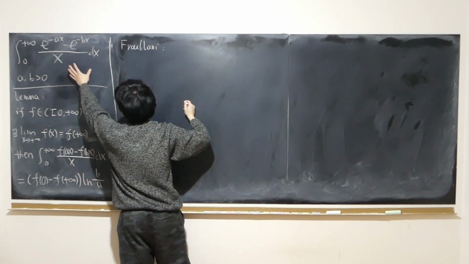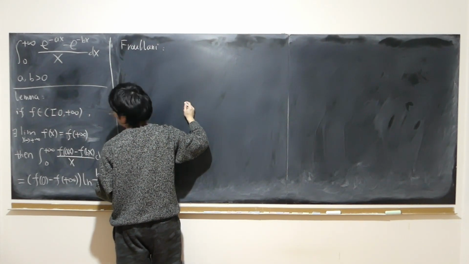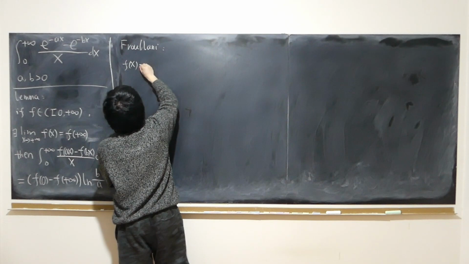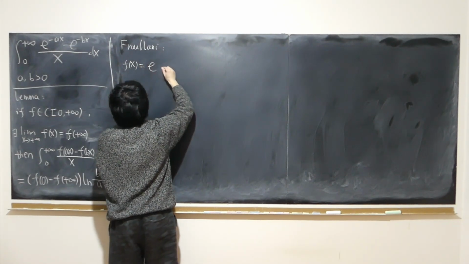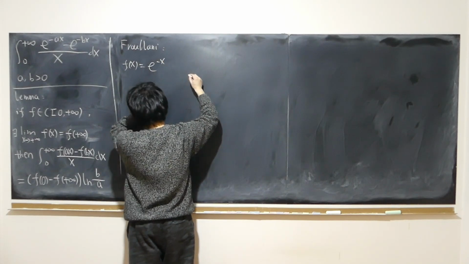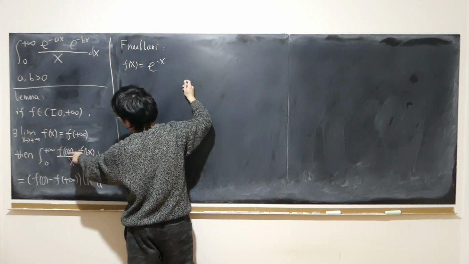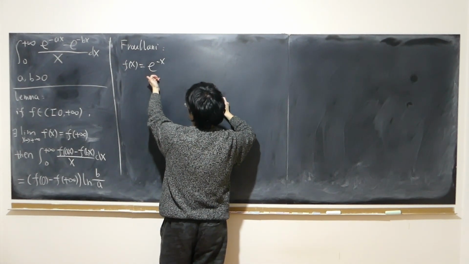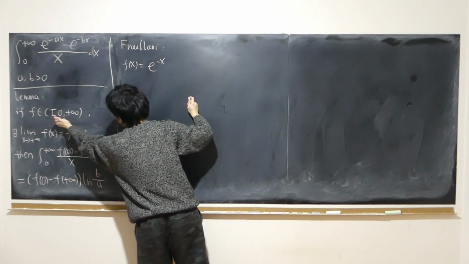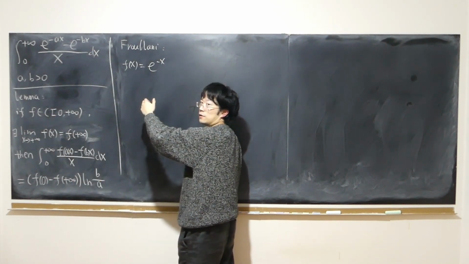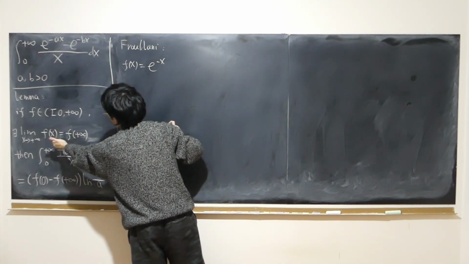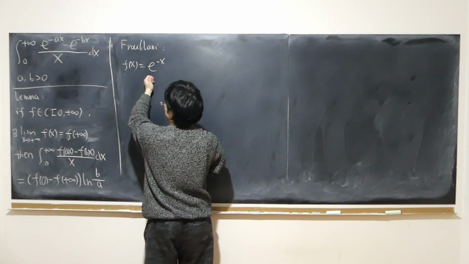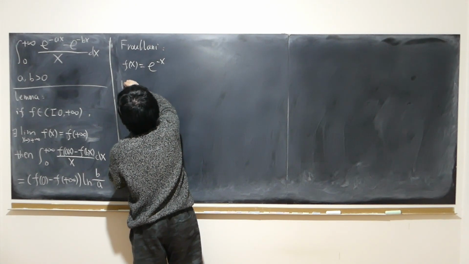So we're going to check if our function satisfies the given conditions in order to apply this lemma. f of x is equal to e to the minus x, since we're going to say f of ax, f of bx, so we let it equal e to the minus x. The question is, is f continuous over this interval? Of course it is. Then does the limit exist as x approaches positive infinity?